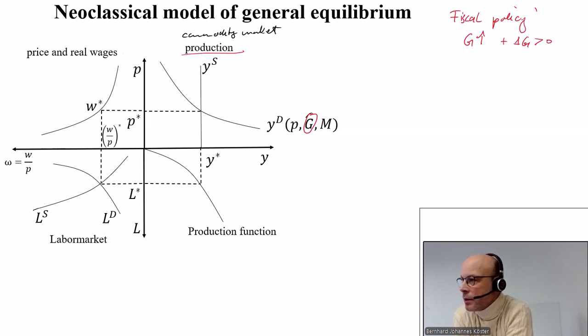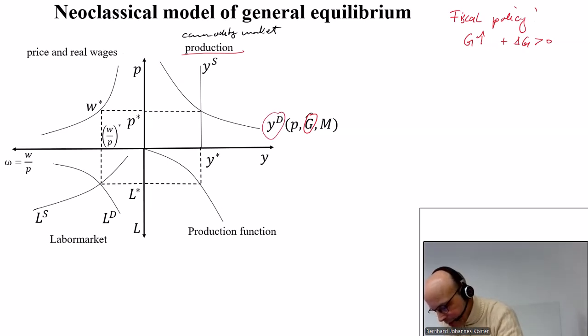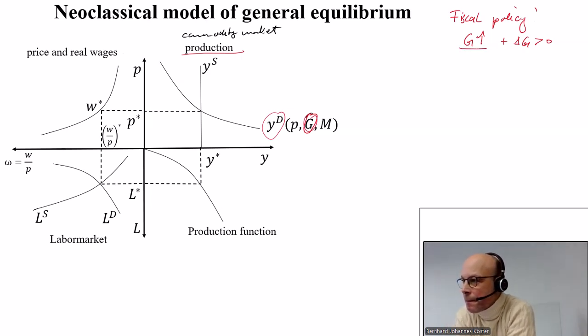So now we have to ask ourselves what happens to this curve if this G is increasing. You can also go back into your slides because there we have already done this, when we looked only at the short and medium run ASAD model.